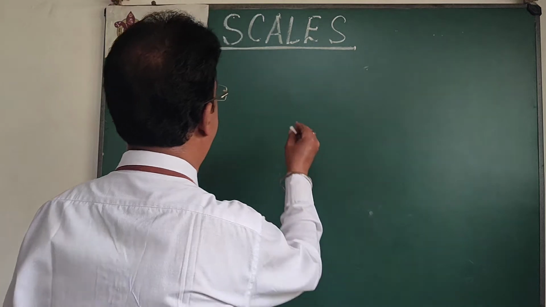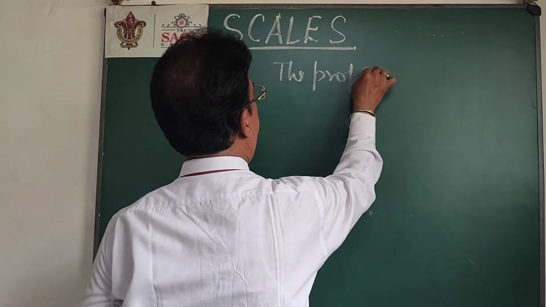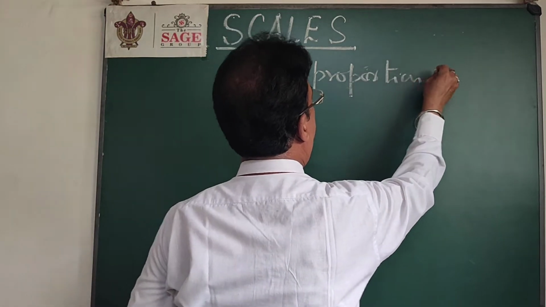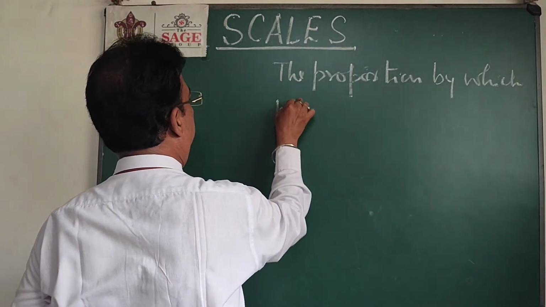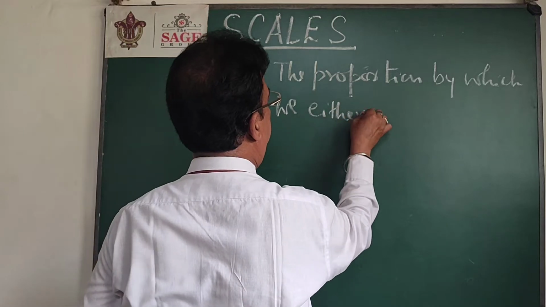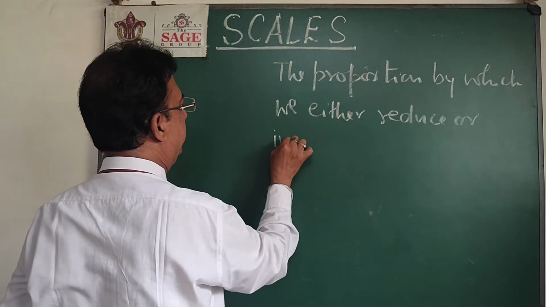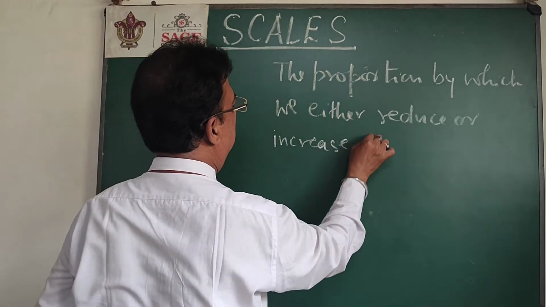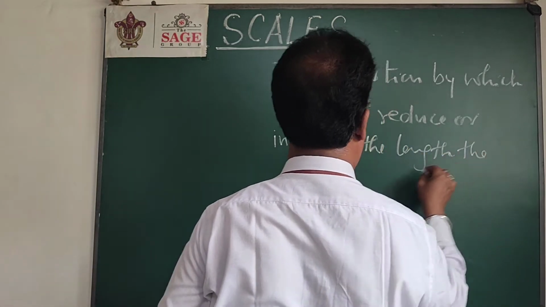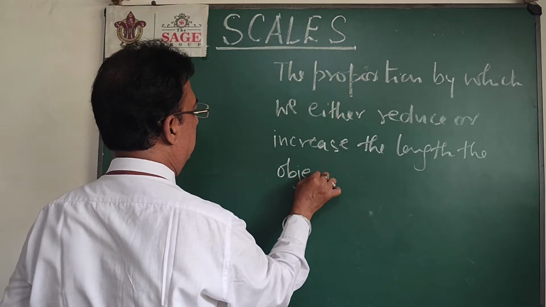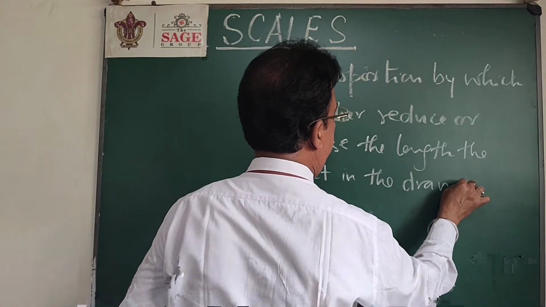So if I want to define scale, scale is the proportion by which we either reduce or increase the length of the object in the drawing.